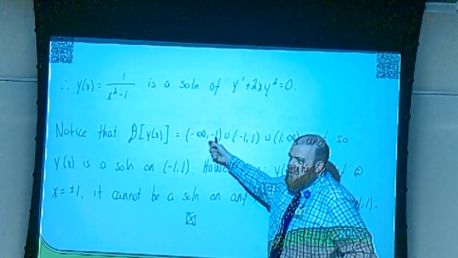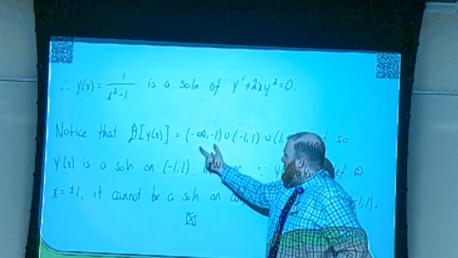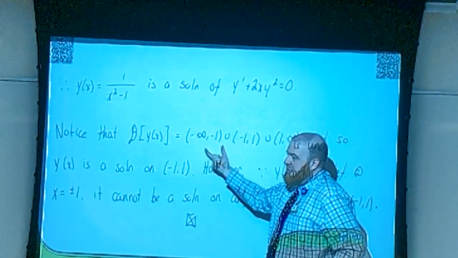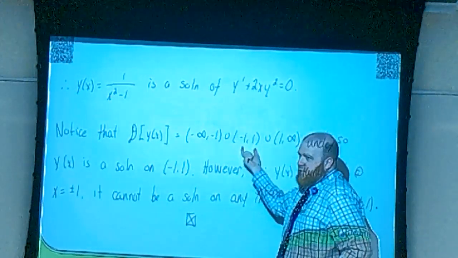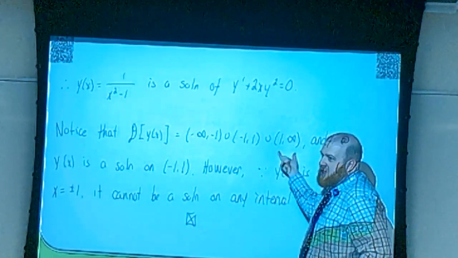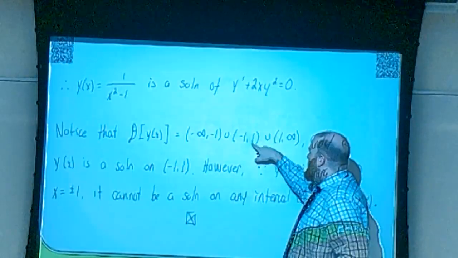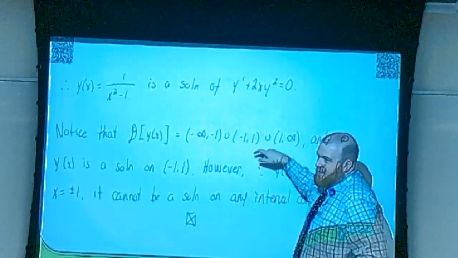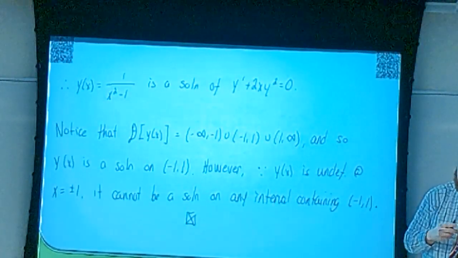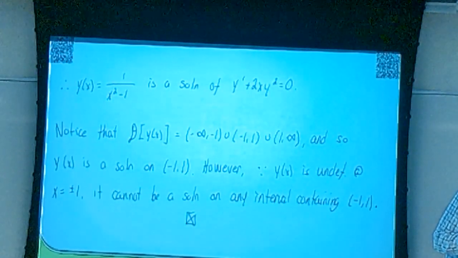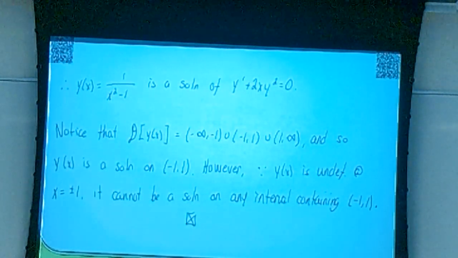This is interval notation for the domain. So it'd be this open interval, this open interval, or this open interval. So this is saying everything except negative 1 and positive 1, because it's open. That's just the interval notation. What are the upside down three dots? Since or because.